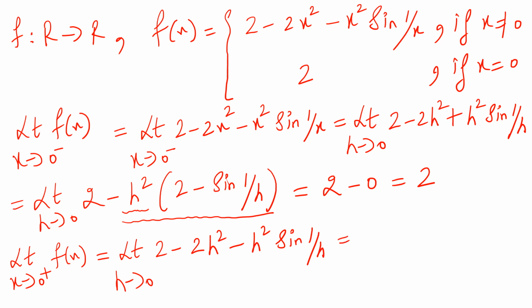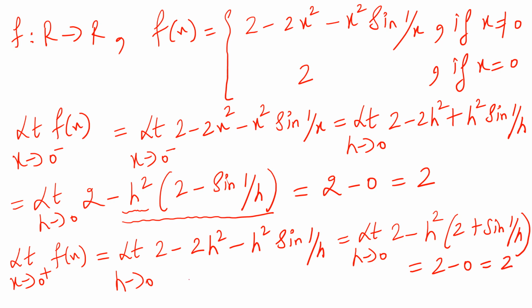Now, this can be written as limit h tending to 0, 2 minus h square common, inside the bracket 2 plus sine of 1 upon h. Now students, again h square will approach 0 when h tends to 0, and the value of 2 plus sine of 1 upon h will give us a finite number lying in the closed interval 1 to 3. So again I can say that the value of this limit is 2 minus 0 or equal to 2.